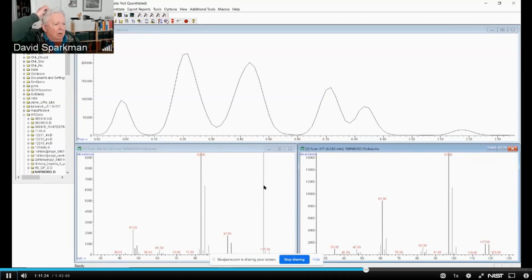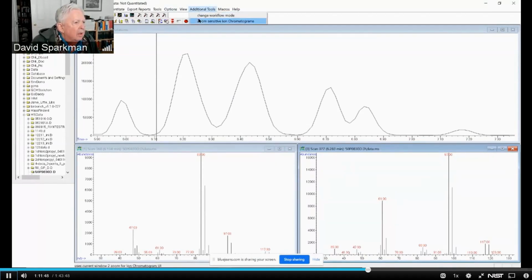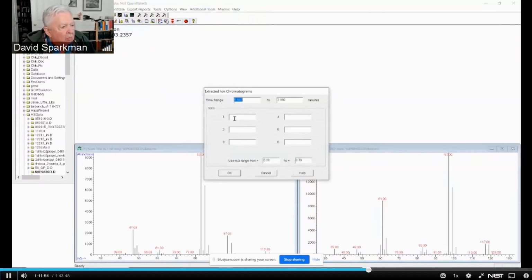Okay? And what we're going to do is look at mass chromatograms, or as some people call them, extracted ion current chromatograms, of 83 and 97. And when we do that, we're going to come up with 97 and 83.